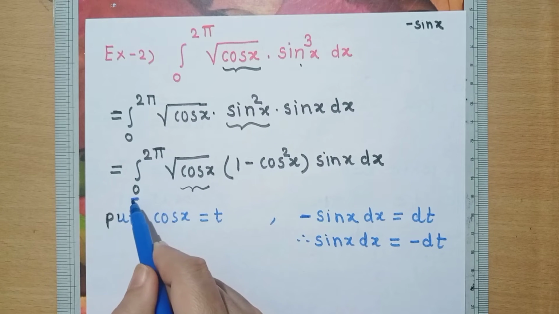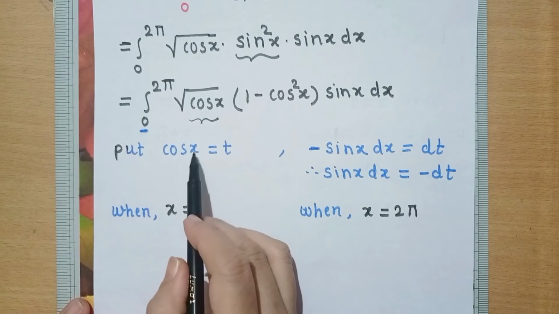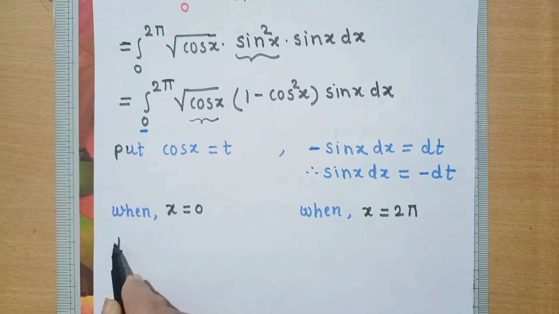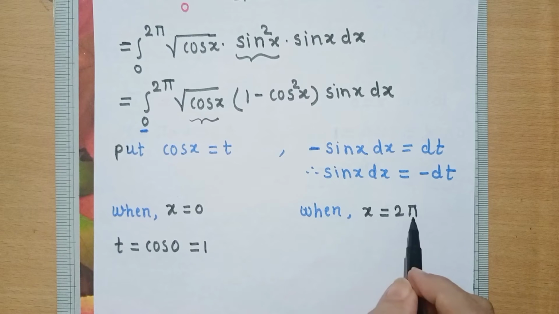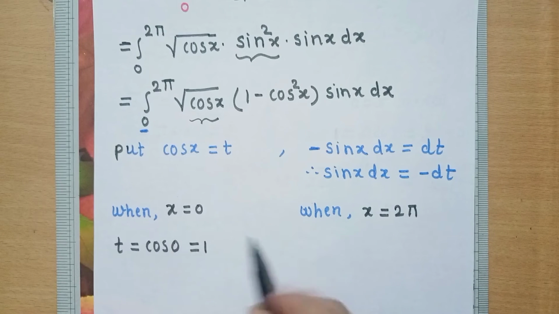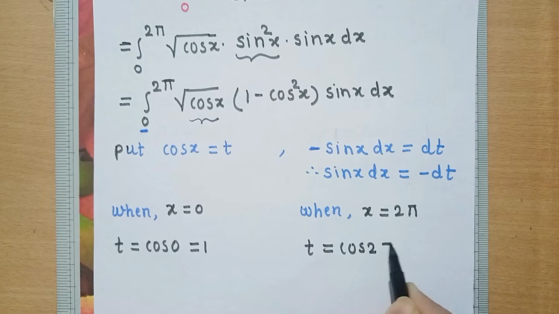These are for x. So when x is equal to 0, check now, if x is equal to 0, t is equal to cos of 0, and cos 0 equals 1. And when x is equal to 2 pi, again we will substitute here, t is equal to cos of 2 pi, and again its value is 1.